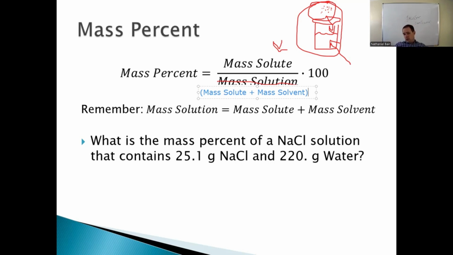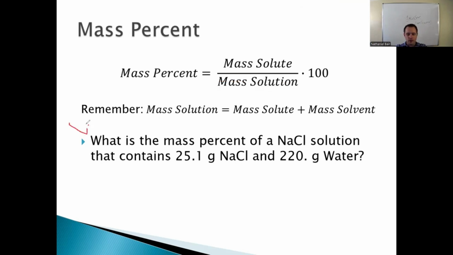So a lot of people like to rewrite that denominator like that, which is what I have right here. With that said, why don't you try this problem right here? I'm going to rewrite it on the board while you're trying it. What is the mass percent or percent mass of a saline solution, a sodium chloride solution, that contains 25.1 grams of sodium chloride in 220 grams of water? Give it a shot. We'll go over it.